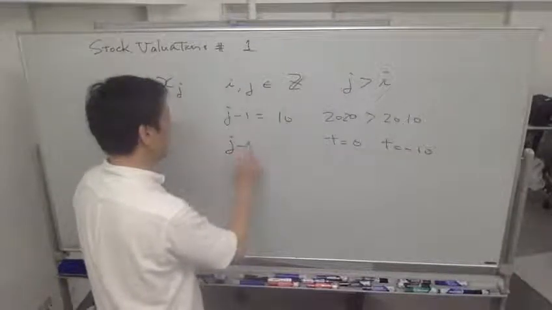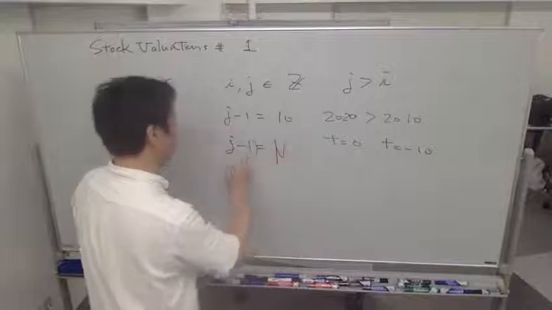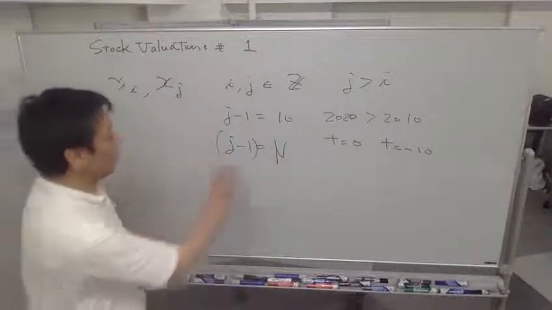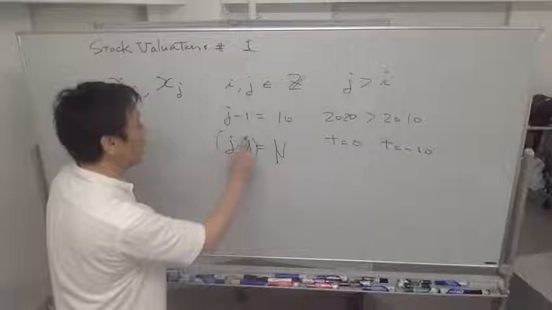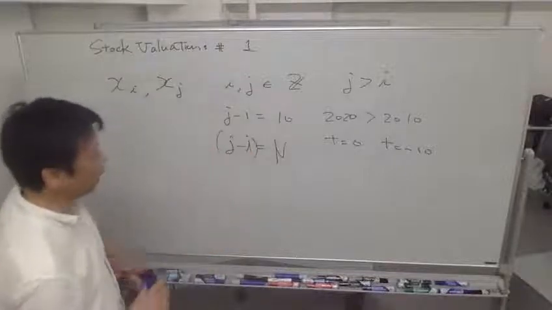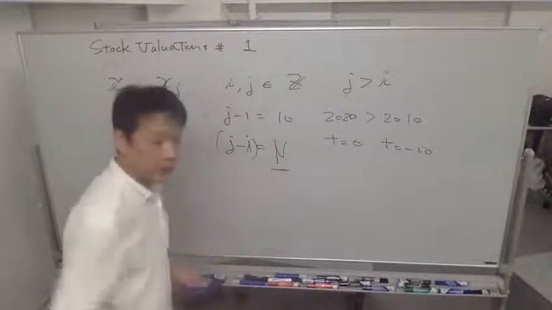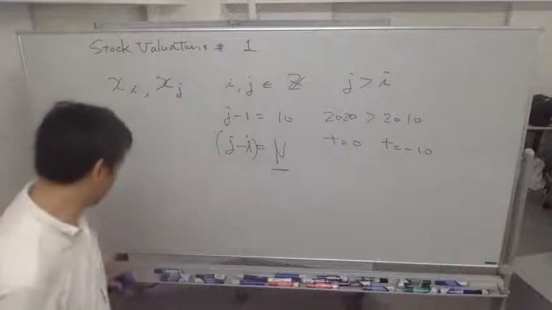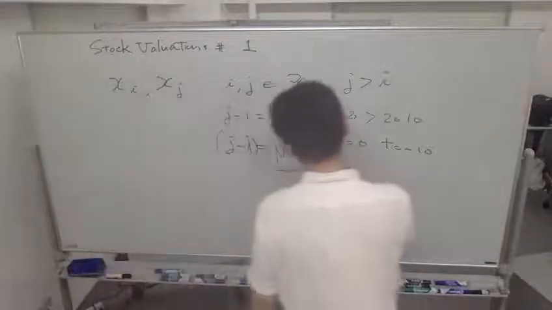And more typically, we call j minus i equals n, the investment time horizon.